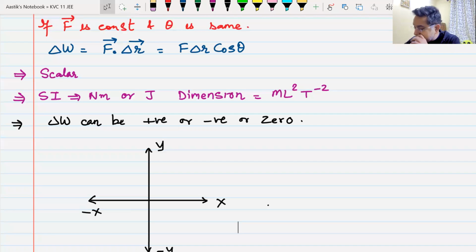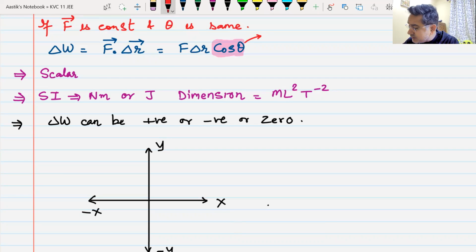If I look at this formula, there is this cos theta here. Because force and displacement magnitudes are used, they cannot decide whether the work done is positive or negative. Look at the formula. Work done, positive or negative or zero, is decided by the angle.